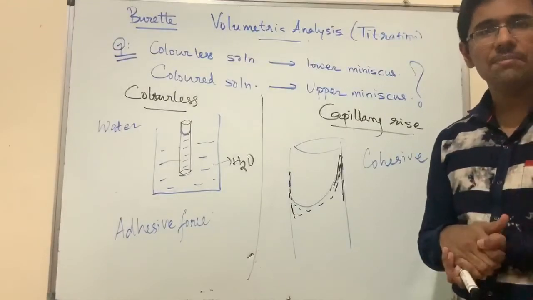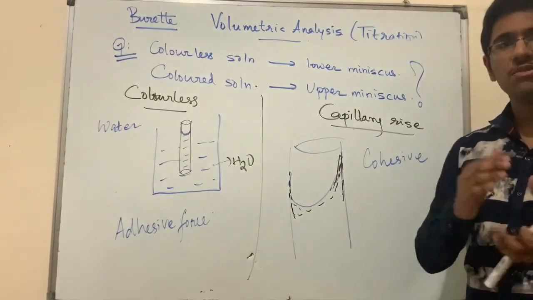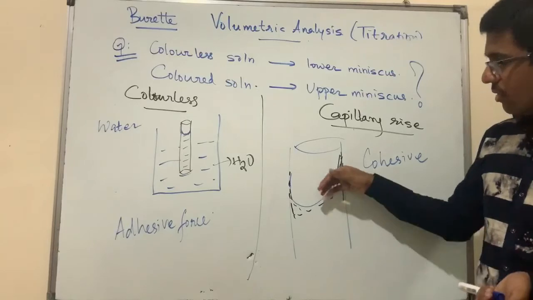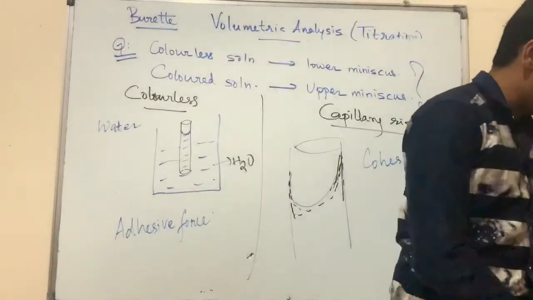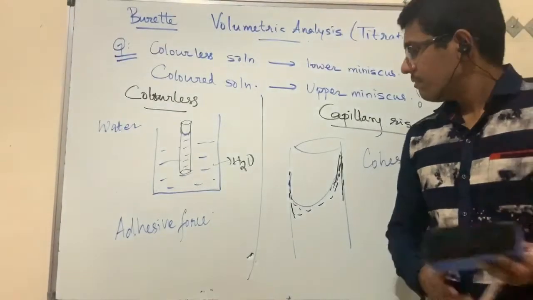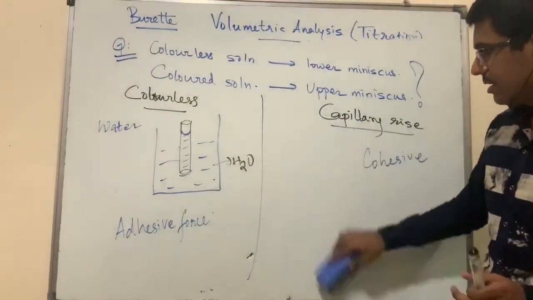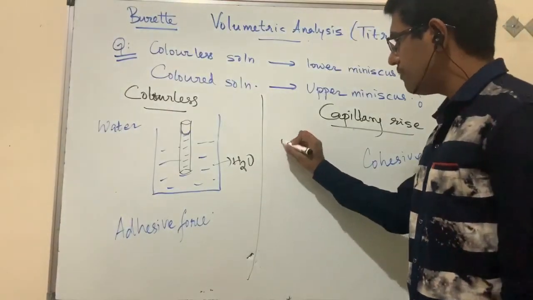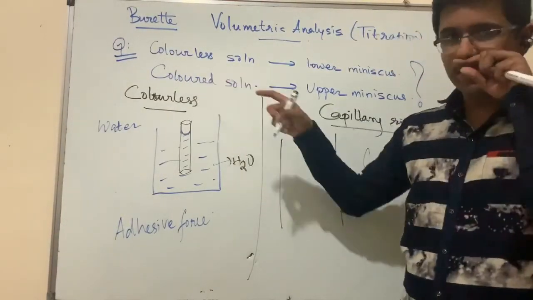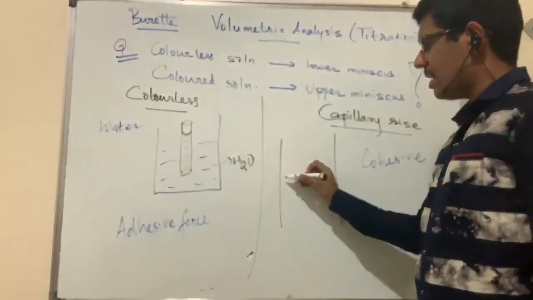Potassium permanganate is more attracted towards the particles of potassium permanganate only, and does not want to wet the glass surface. So it will not have much contact with the glass surface.